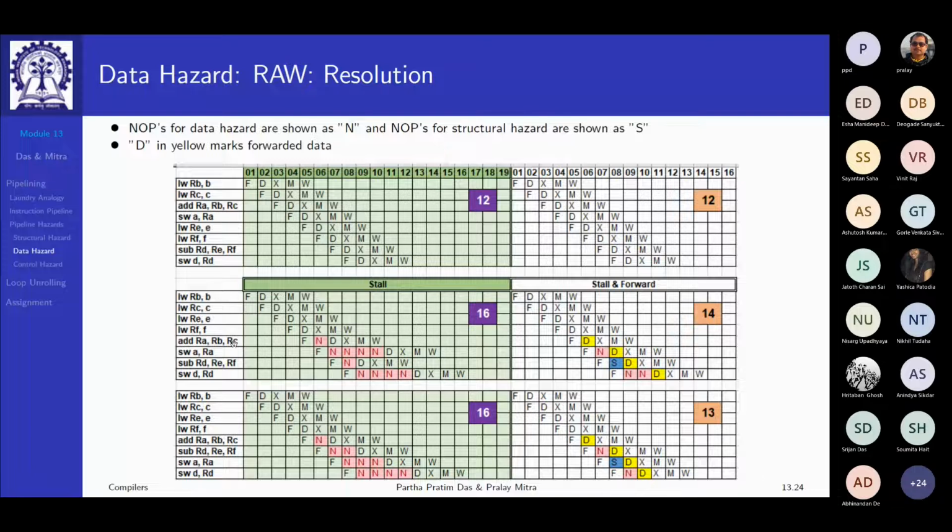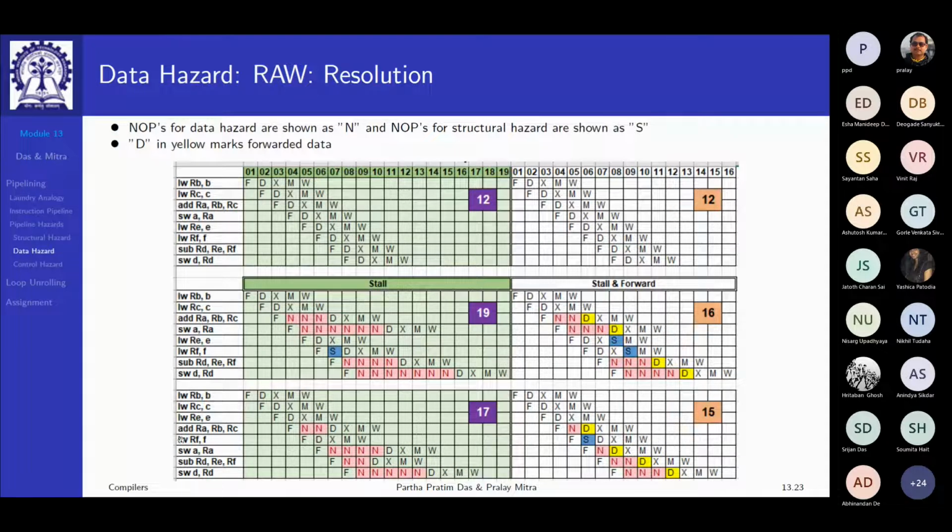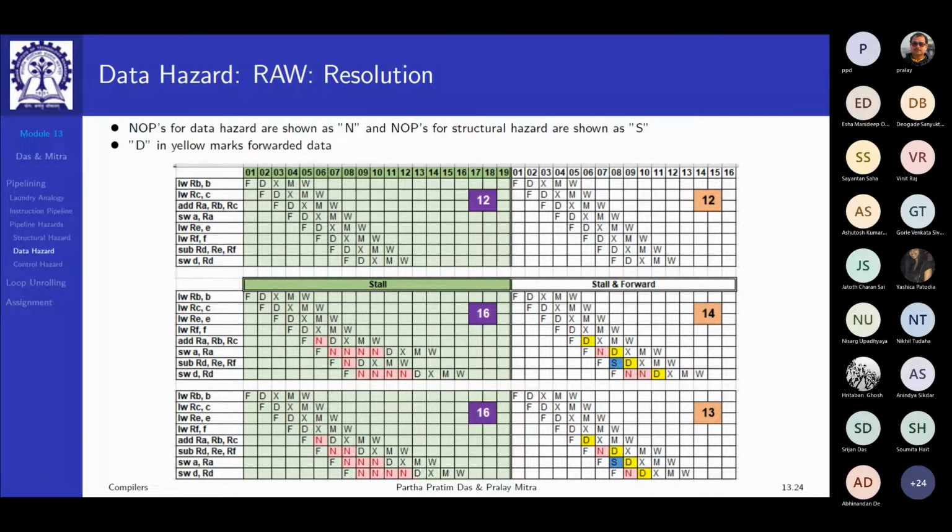Here, RF was getting loaded after add. Now I'm moving it earlier. This schedule was 17 cycles. And if I move it up, then the stall in add reduces by another notch and the propagated effect. And eventually this becomes possible in 14 cycles.